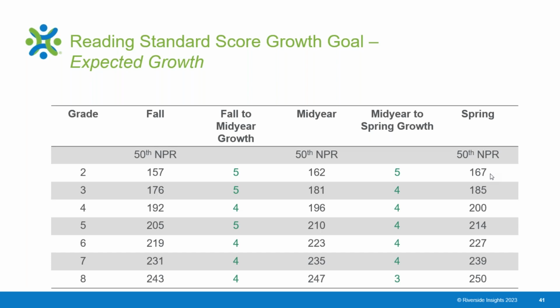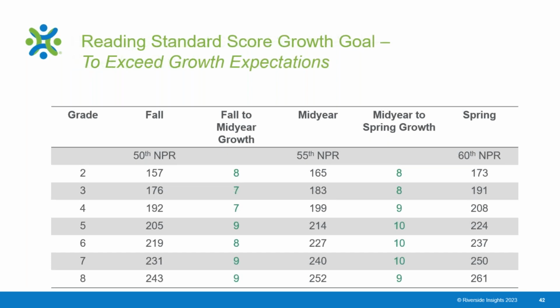And as a complement to this slide, the next slide shows, okay, what if I didn't just want to set maintaining goals, but I wanted to exceed or show some stretch growth goals? Then I would be looking to move a child from the 50th percentile in the fall to maybe a 55th by the mid-year to maybe a 60th by spring.